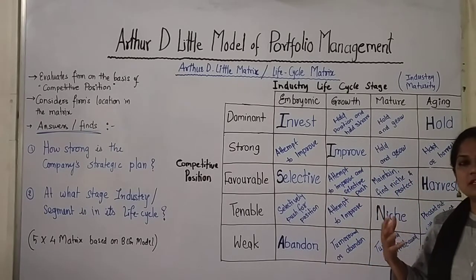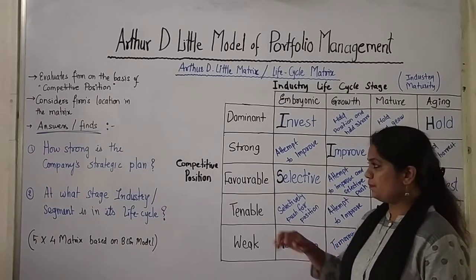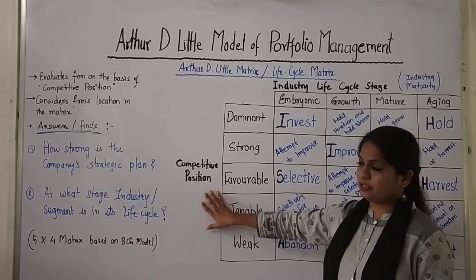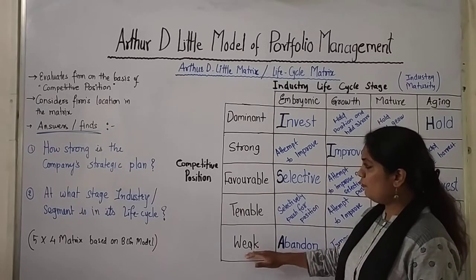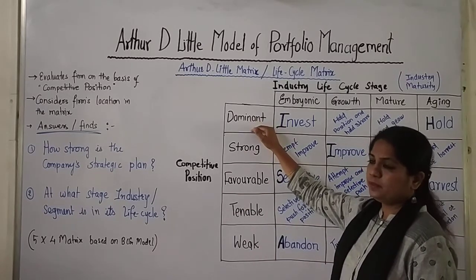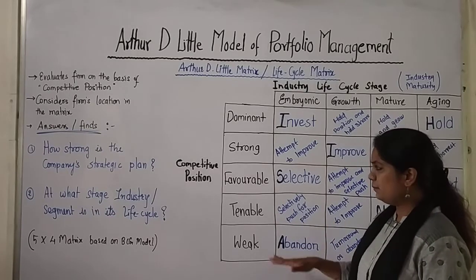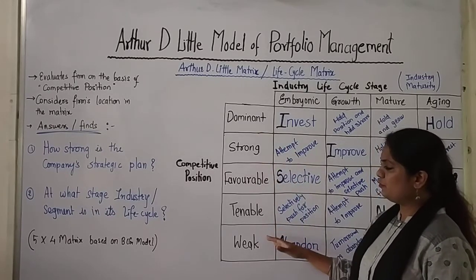Now let us understand the 5 competitive positions. Arthur has identified these 5 positions wherein, from weak to dominant, the industry's competitive position is defined.